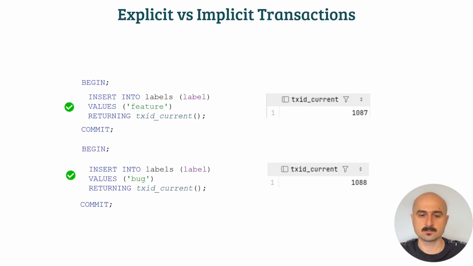It's a rather simple concept in PostgreSQL. Just to recap, now we know that every statement that we execute in PostgreSQL will be executed in an implicit transaction if it's not part of an explicit transaction. So in the next video, we're going to talk about sub-transactions or transactions inside transactions.